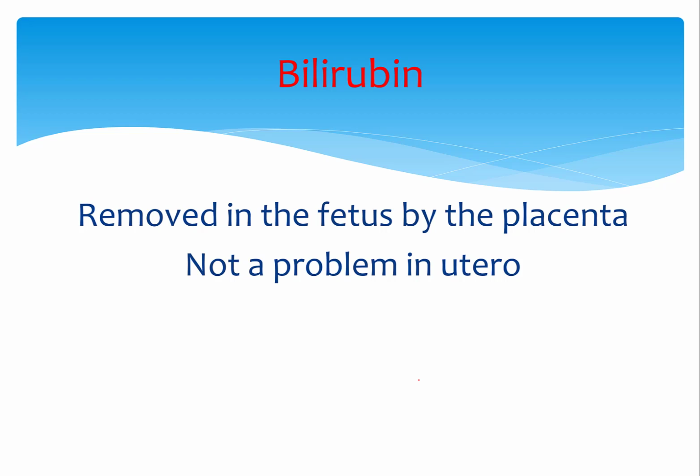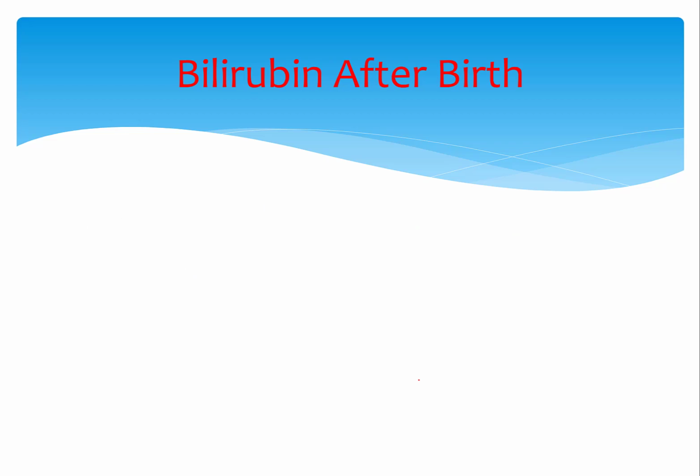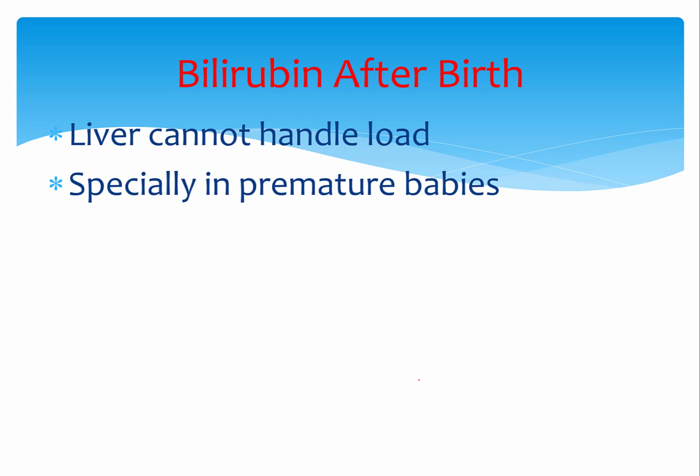In utero, as I mentioned earlier, bilirubin produced by the fetus due to hemolysis is taken up by the placenta and the maternal liver, and not a problem. After birth, the liver is faced with increasing demand and cannot handle it, especially if we deliver these Rh negative affected or sensitized babies prematurely, then we will be in more trouble.